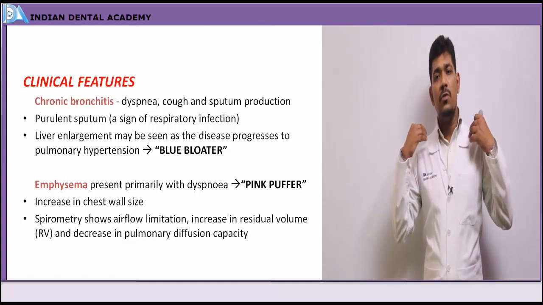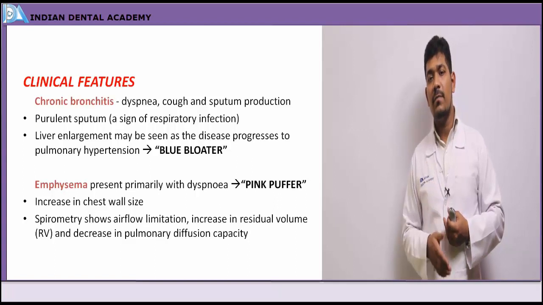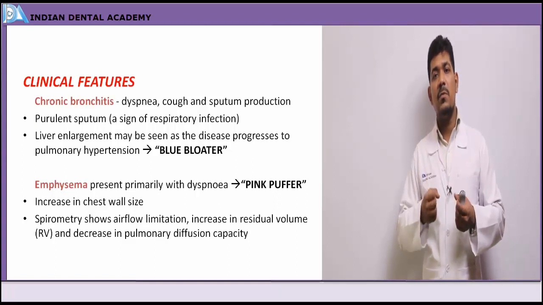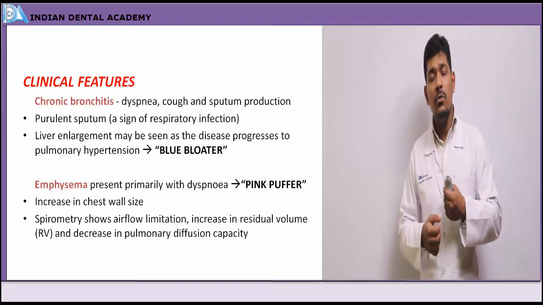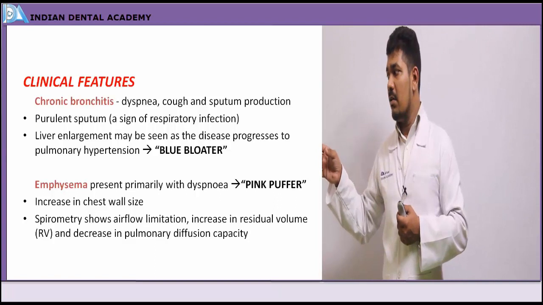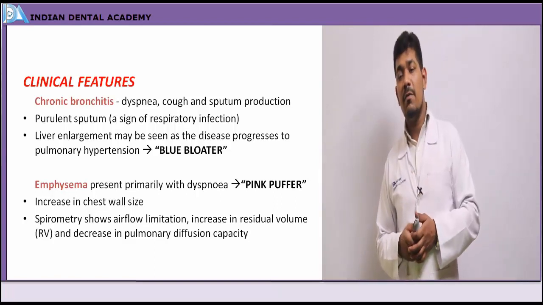So he tries to use all the available muscles for the respiratory mechanism to function normally. And also puffer because of the nature of his pursed lips, which try to take in air with great difficulty. The name pink puffer is tagged to patients suffering from emphysema.